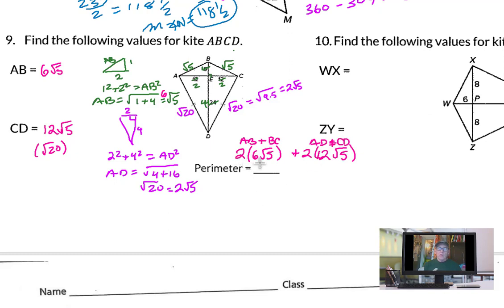So altogether we get 12 square roots of 5 out of this part, and we get 24 square roots of 5 out of the other part. So we get 36 square roots of 5 for the perimeter.